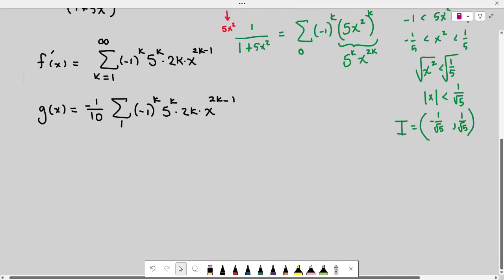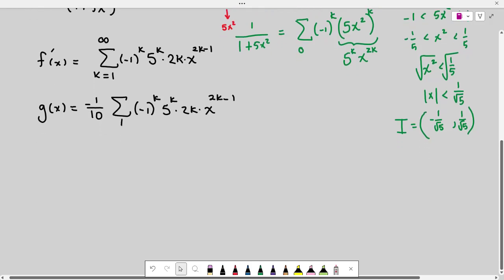Okay. So the only thing on the inside that can come out is the 2. So we're going to get -1/5. So now we have our power series. All right, so there is g written as a power series.